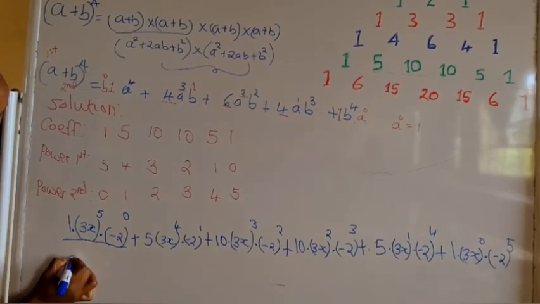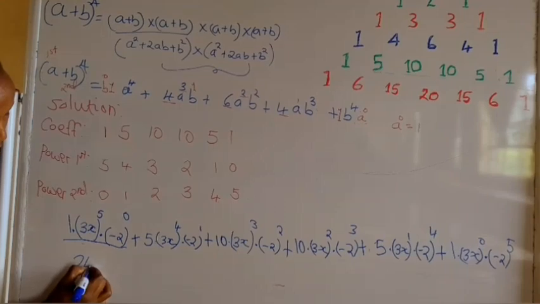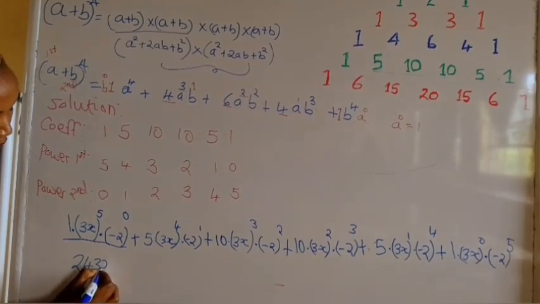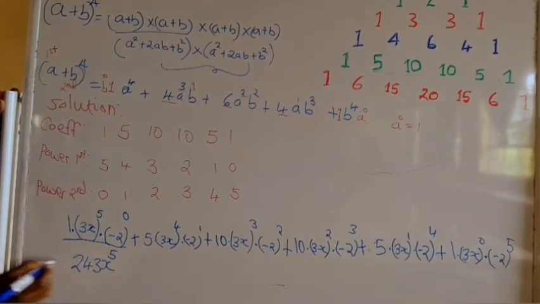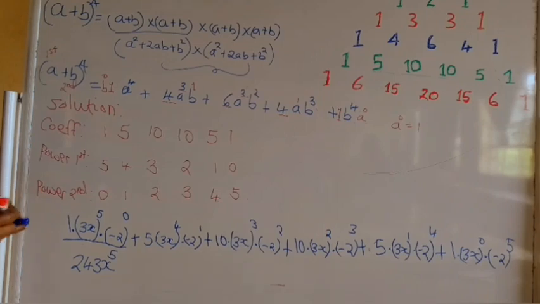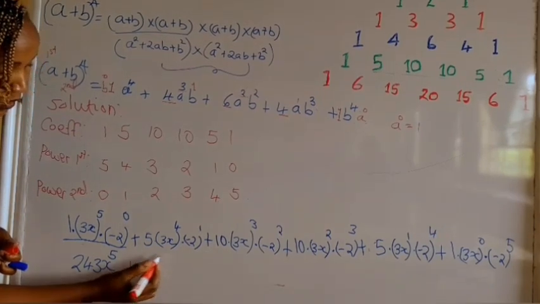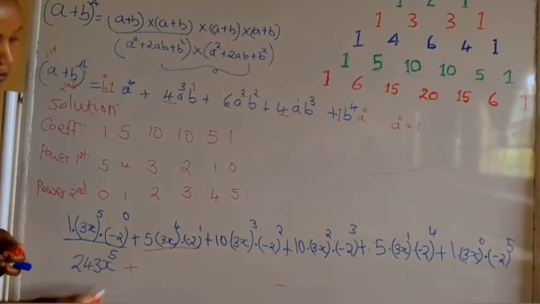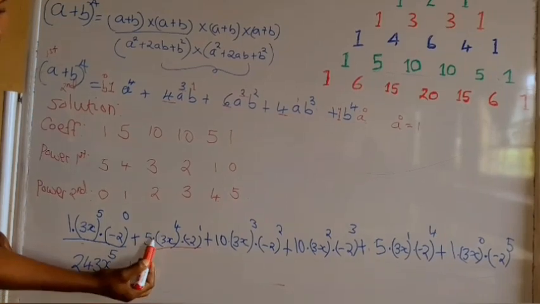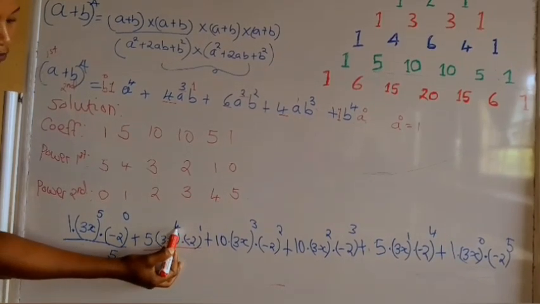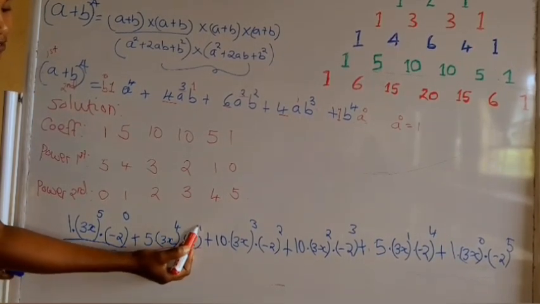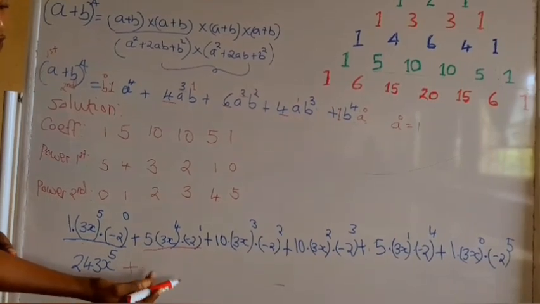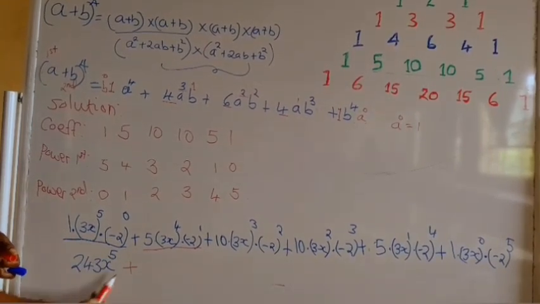So when we power 3x, we shall get 243x power 5, and then plus, we simplify this one, 5 times 3x power 4 times negative 2. So in this case, we shall have a negative value here.